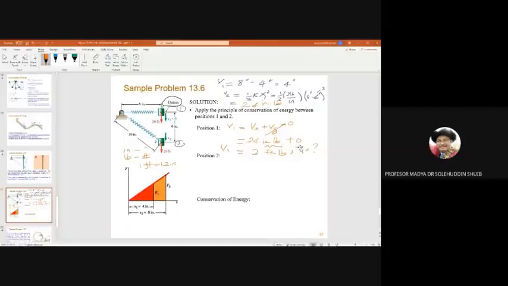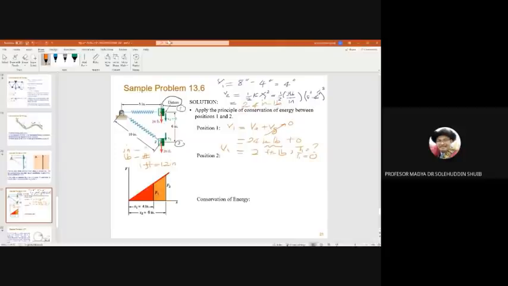Hani says 0. Shazwan says 0. What else? Any other answer? Because there is no kinetic energy. Yes. So T1 equals to 0.